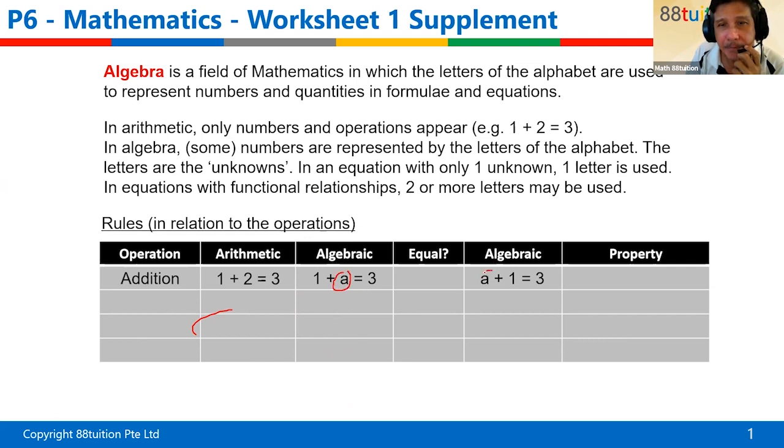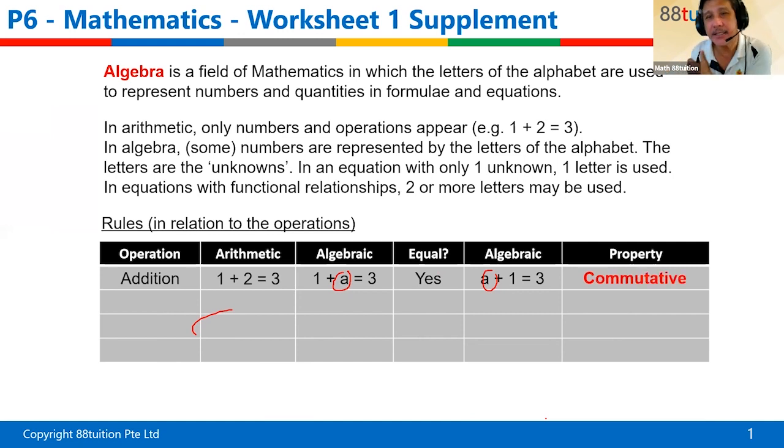Do we know whether they are the same? Tommy, will the value of A be the same in these two algebraic equations that I have just circled? Yes, they will be the same, because you can actually calculate. A must have been 2, isn't it? Because 1 plus 2 is 3, then 2 plus 1 is 3. So A retains the same value. We say that they are equal.